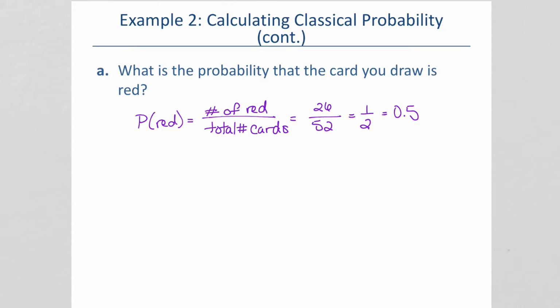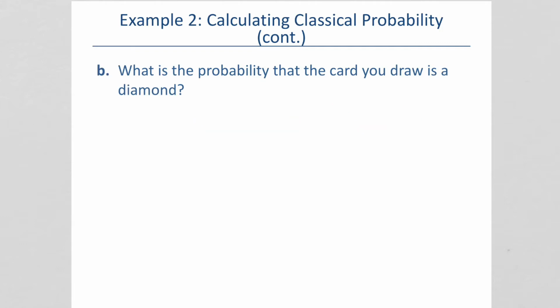Do make sure that you reduce your fractions. Whether or not your instructor decides that you should put in a fraction or a decimal, it will tell you, okay? What is the probability that the card you draw is a diamond?